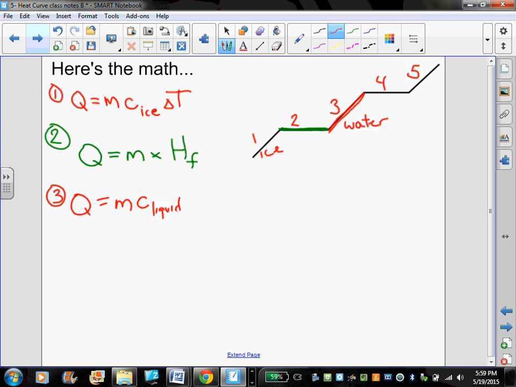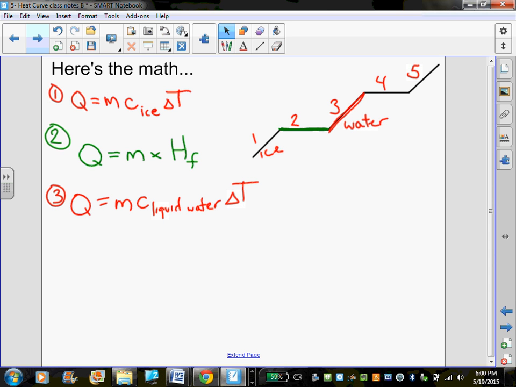Because let's face it, this is all water, no matter what. It just might be solid water, liquid water, or water vapor. Okay, so it's my specific heat of liquid water times the change in temperature. And we would be able to use this just like how we did in stage 1 when we had ice, and it's going to look a lot like the stuff that you guys did first semester.